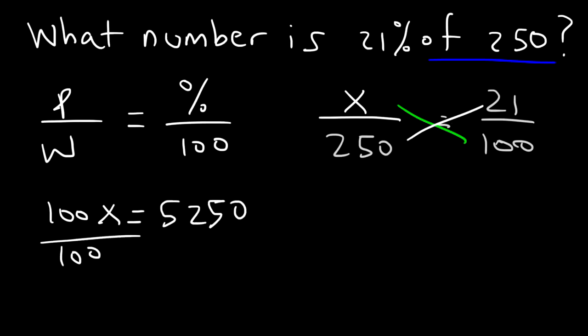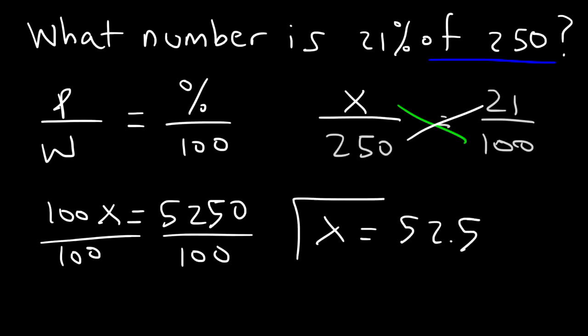Now let's divide both sides by 100. 5250 divided by 100 is 52.5. So 52.5 is 21% of 250. By the way, 50 is 20% of 250. 20% is 1/5. The last thing that we need to cover is finding the base.